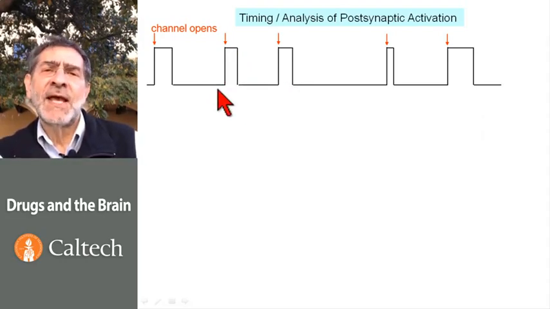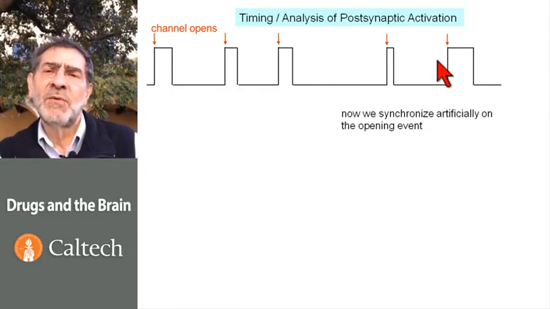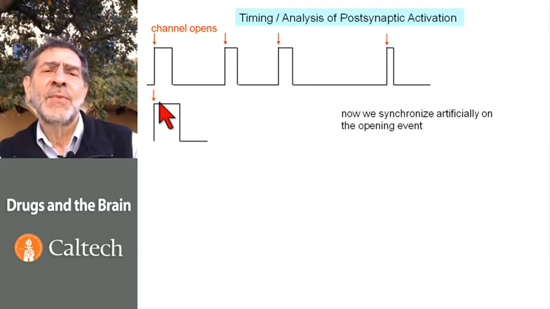What we're going to do is to analyze the timing by synchronizing artificially on the opening event. This can easily be done with software, sometimes with a bit of hardware. And so we take this final event and we line it up with the beginning of the opening.